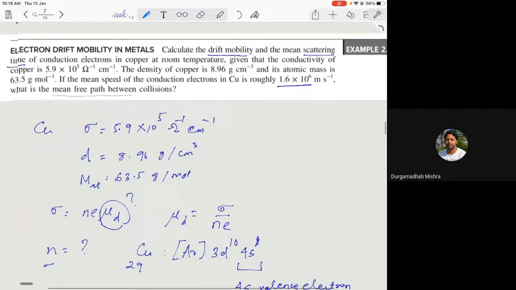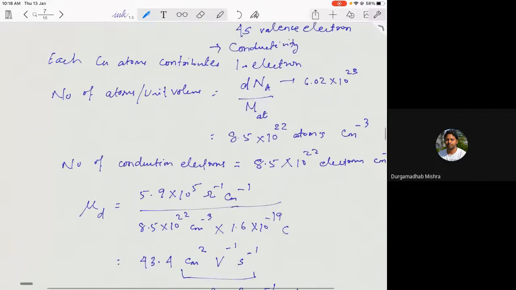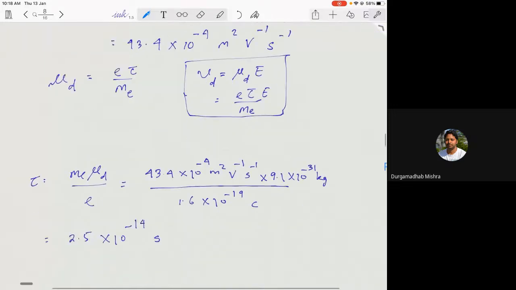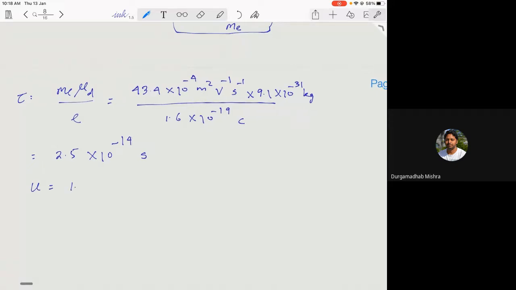So we know the time, that is the relaxation time or time taken between two collisions, is this much, and the mean speed of the electron is given by 1.6 into 10 to the power 6 meter per second.